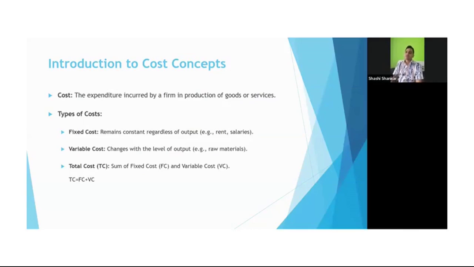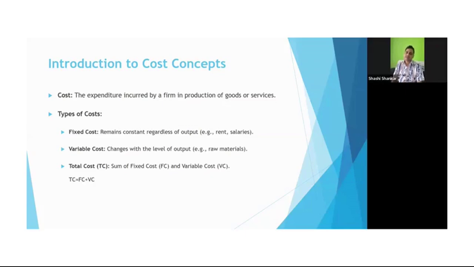So what is fixed cost? Fixed cost always remains constant regardless of output. Even though a company is producing 5 units or 500 units, the fixed cost will always remain constant. Talking about rent, if a firm is paying 10,000 rent for a particular premises, even though they are producing 5 output or 100 output, the rent would be the same.